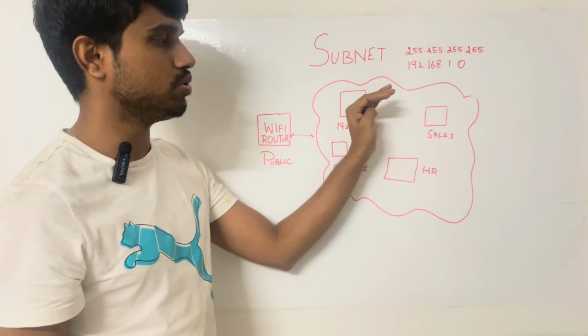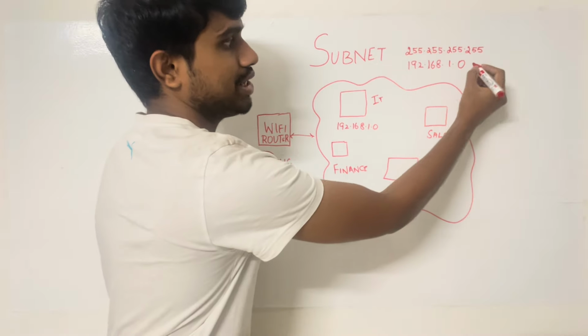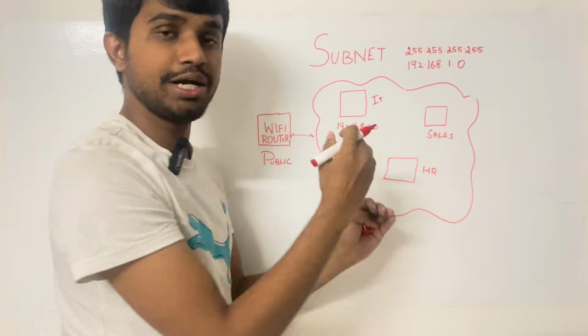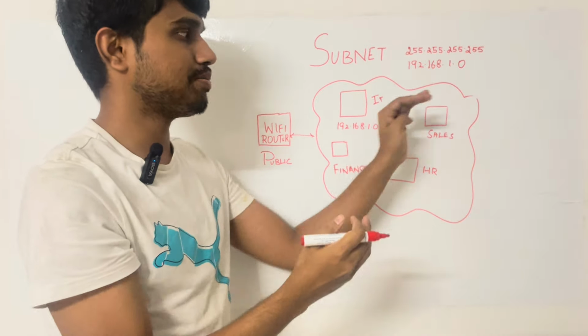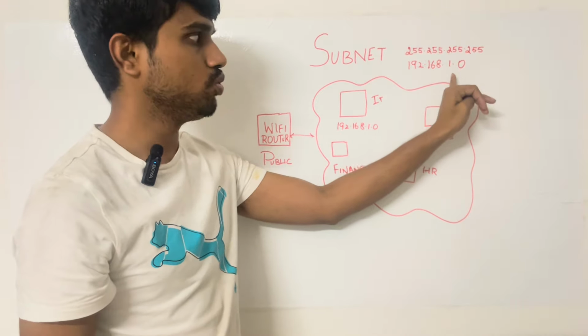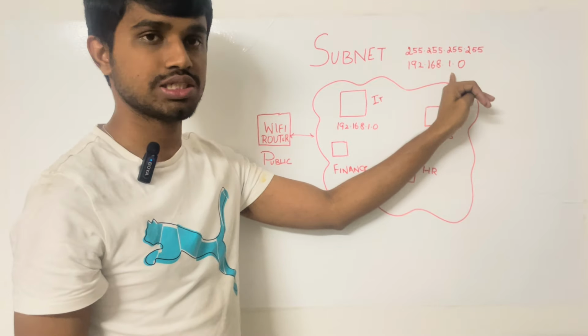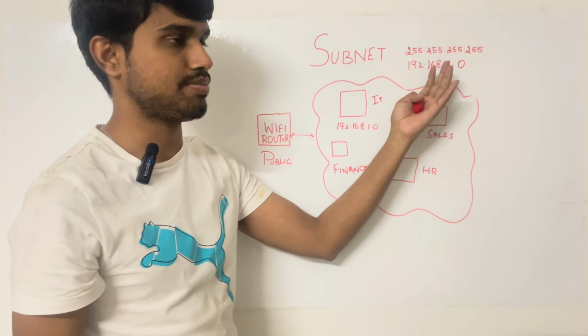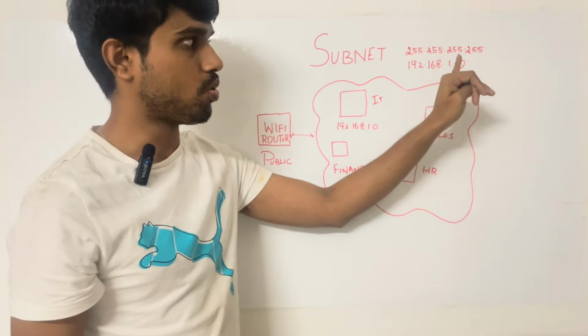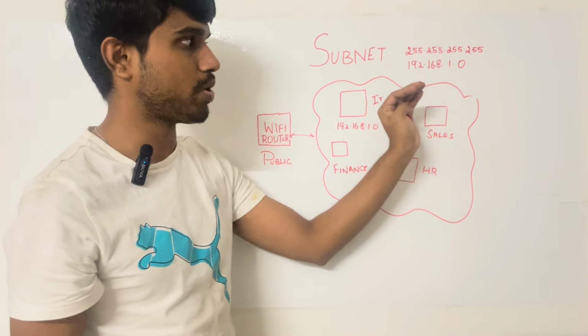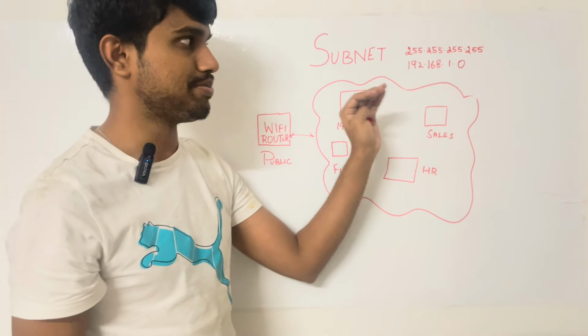So what they do is divide this 255 into subnets. For example, from 1.0 to 1.64 can be a subnet, 64 to 128 can be a subnet, 128 to 192 can be a subnet, and 192 to 256 can be a subnet.